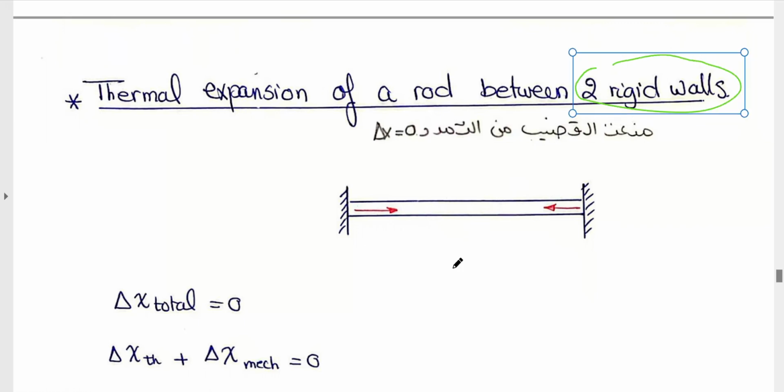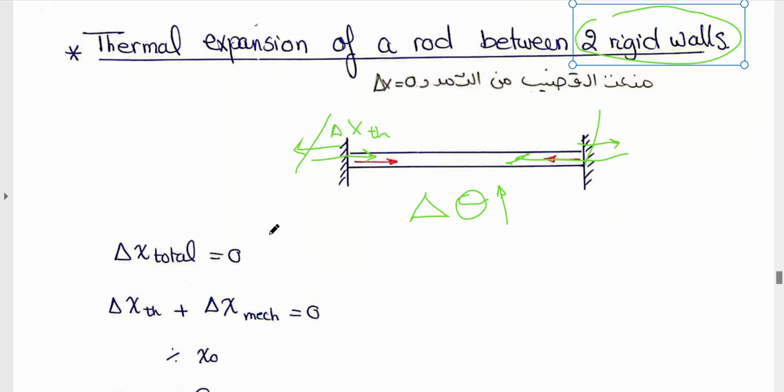You put the rod between two rigid walls and you increase its temperature by delta theta. You heated it. What will happen? It will try to increase in length by delta x thermal, but the rod is stopped by the walls. So the walls prevent this increase, as if compressing it back, as if making a mechanical force back on the rod.